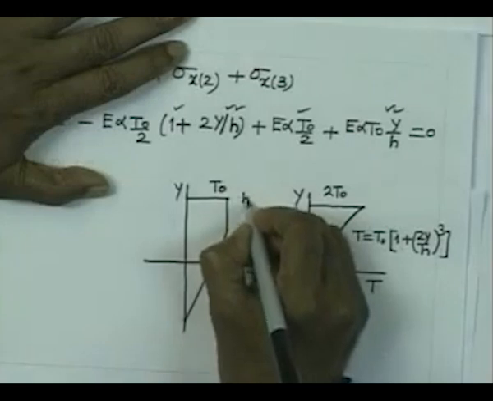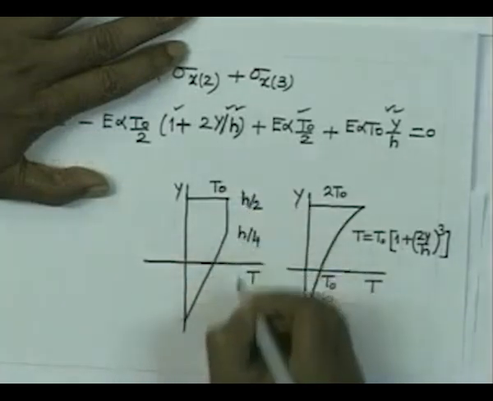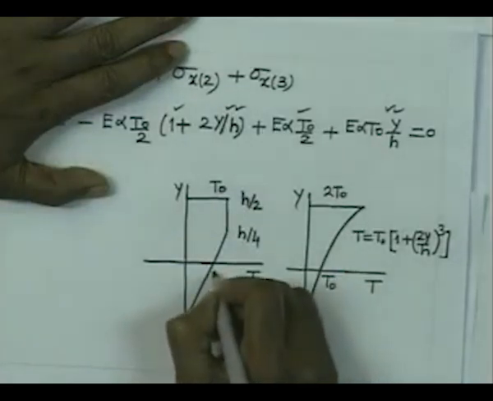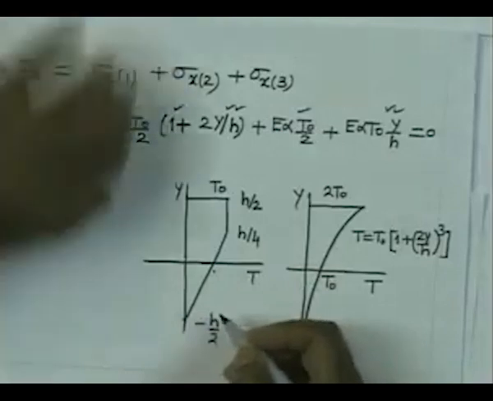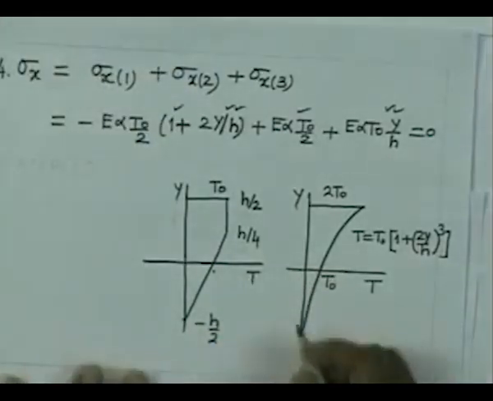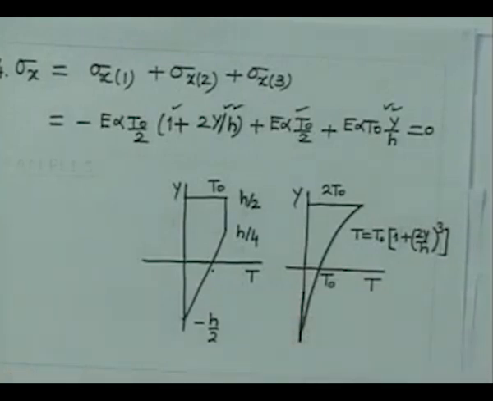So, this is h by 2, this is h by 4, and this is minus h by 2, and the value here you can calculate, this is 0. So, for this temperature distribution you calculate the thermal stresses, and you will find that the thermal stresses in these cases are not going to be 0 at the various levels.